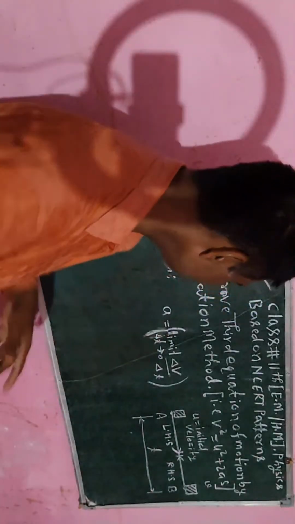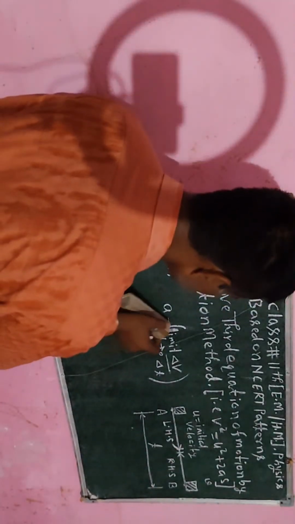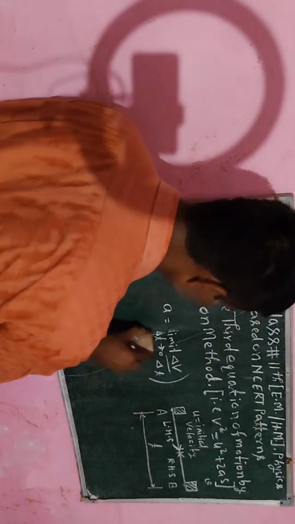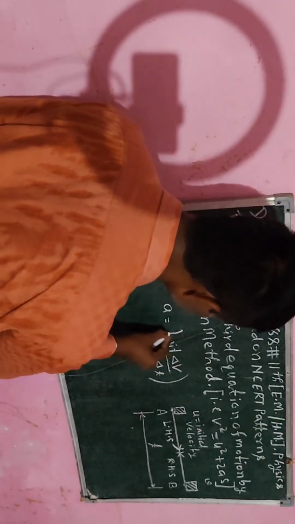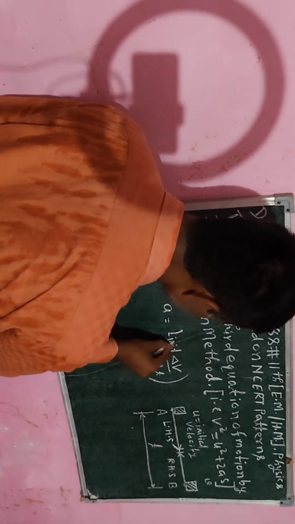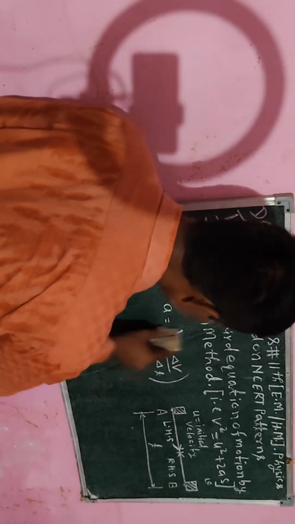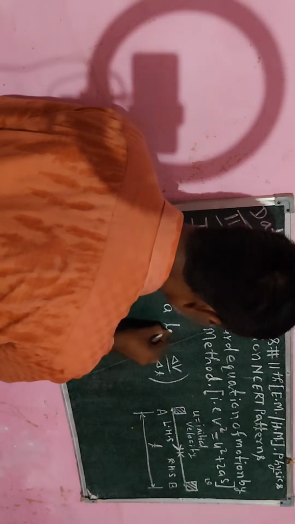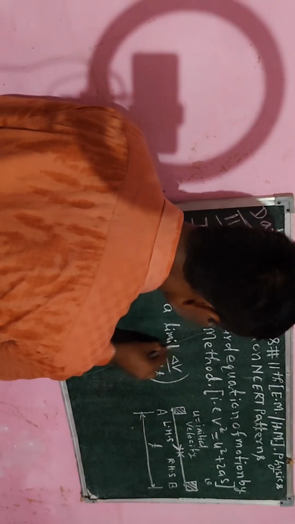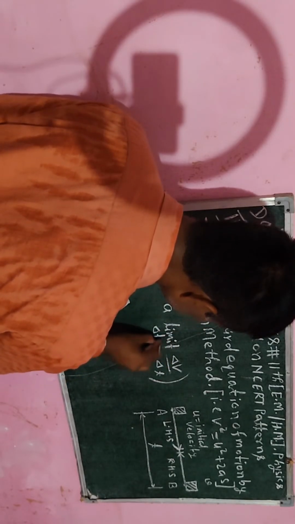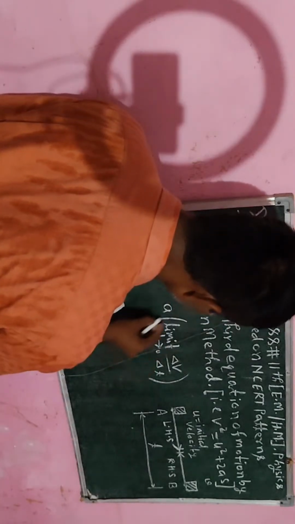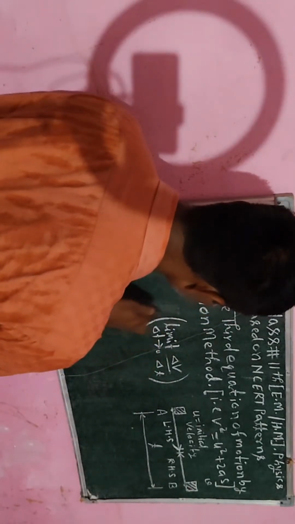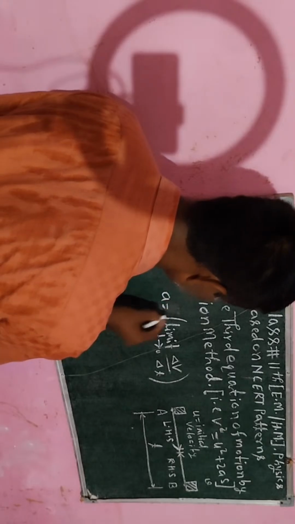Therefore, I will write here limit delta t tends to 0. That information I will write here properly.